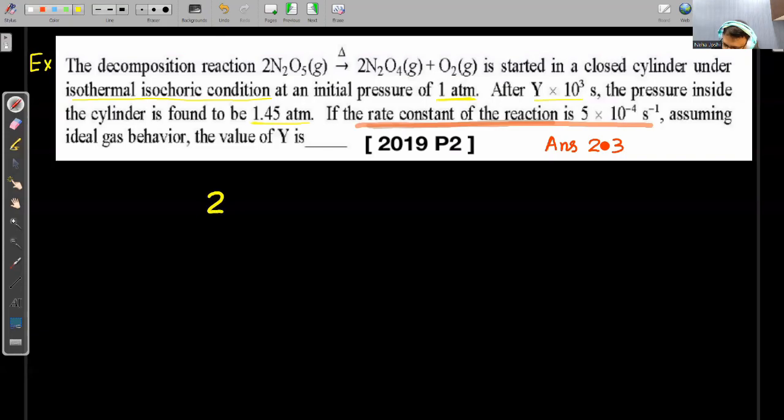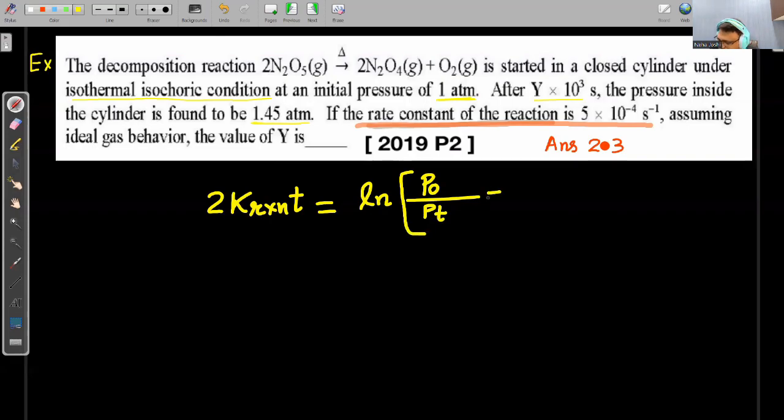तो सबसे पहली बात तो ये है कि when we are solving this question and when we are writing integrated coefficient, because rate constant of reaction is given, so we should write 2 times of K reaction into time T is equal to ln of P naught, initial pressure, upon pressure of N2O5 at time T, that is PT. So this is P naught, and this is P naught minus 2x.